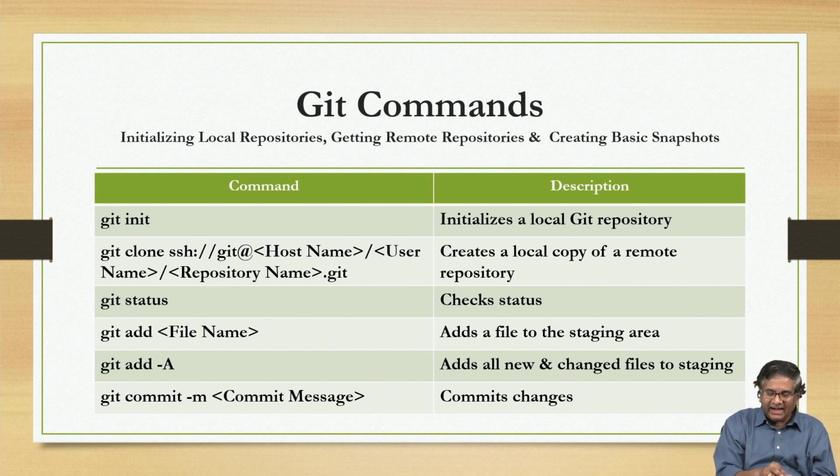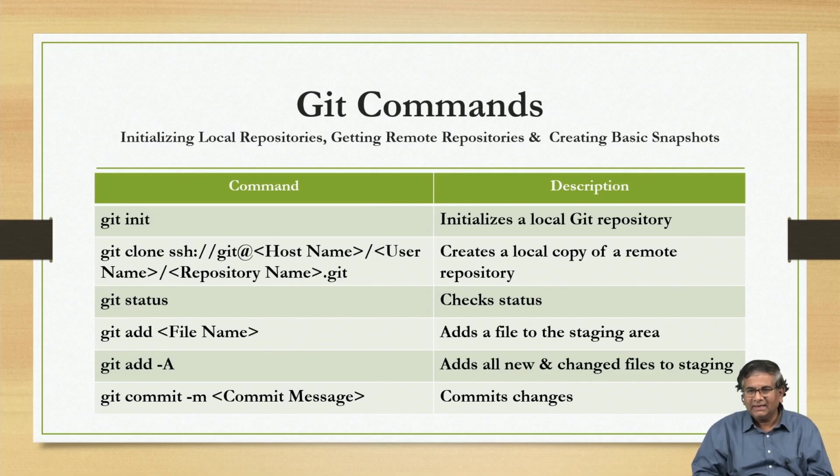Git add adds a file into the staging area. Now there are 3 words that are confusing for new beginners: staging, stashing, squashing, right? Stage, squash and stash. 3 confusing words. They look and sound similar, but they are different.